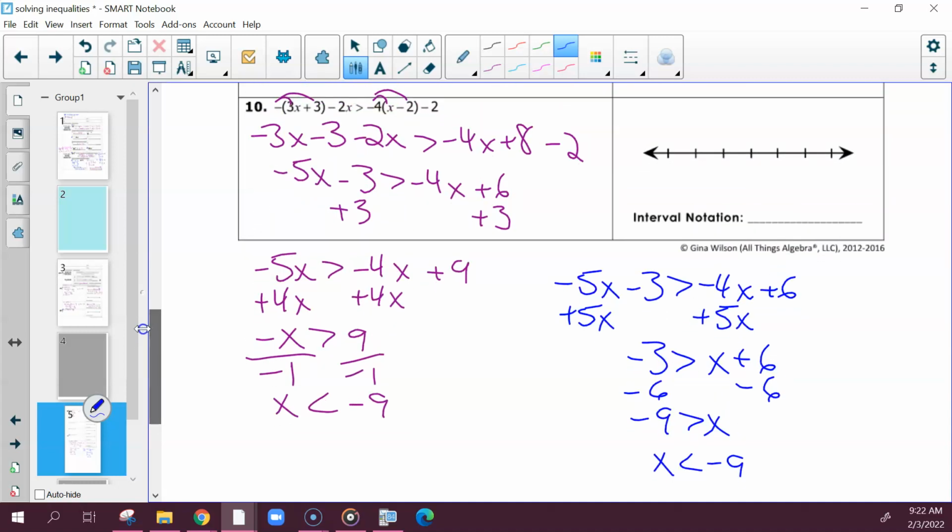Right, so that would be an open circle at negative 9, going to the left. What would our interval notation be? Bella? Negative infinity to negative 9 with a parenthesis.